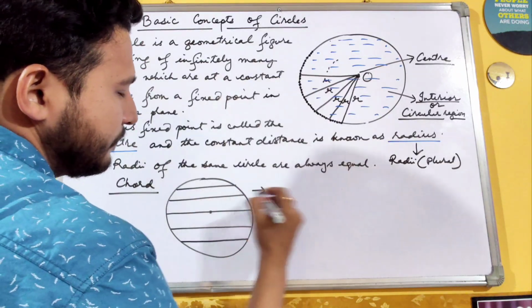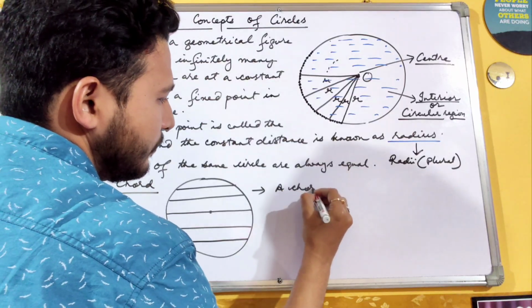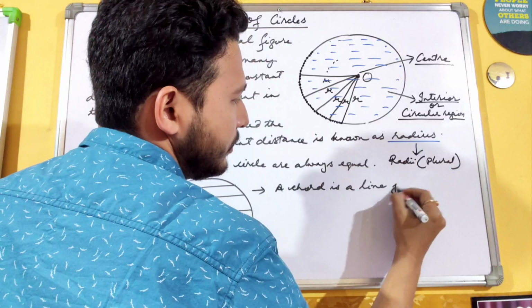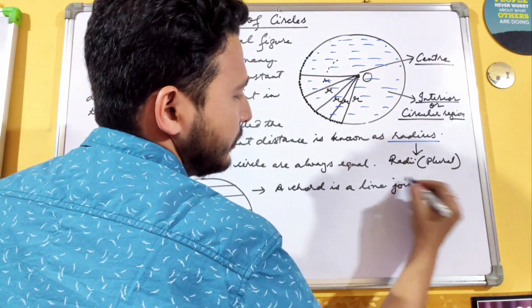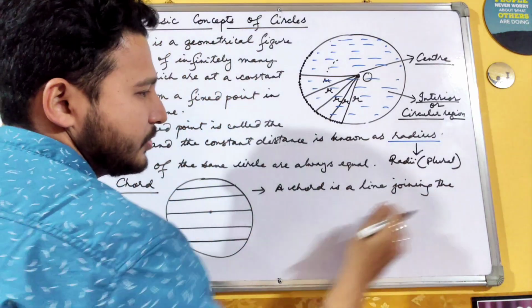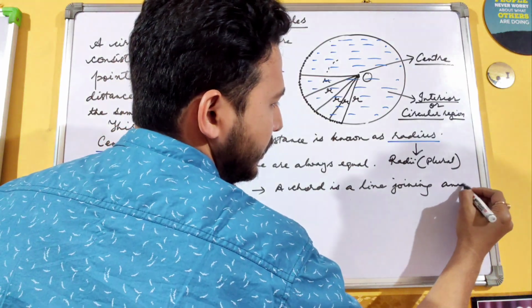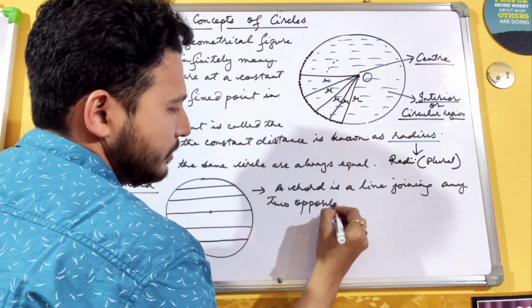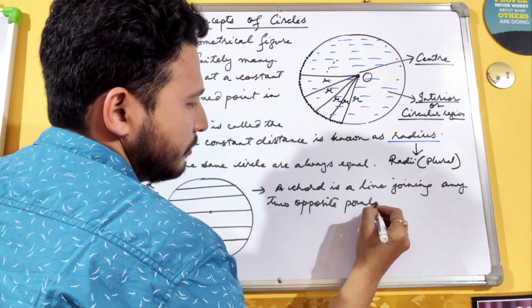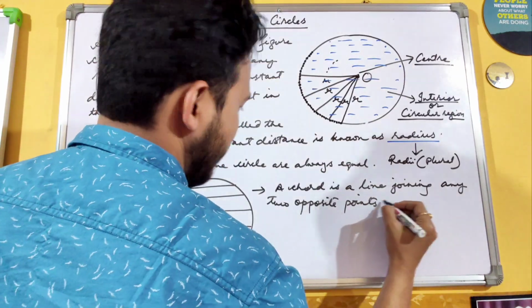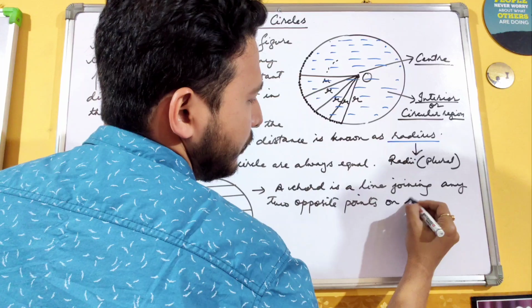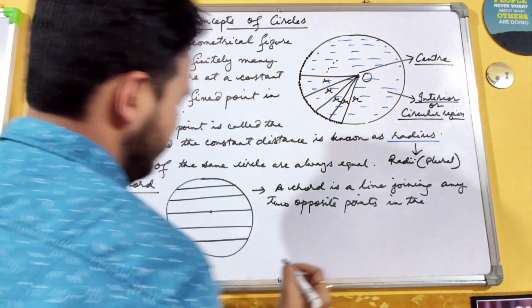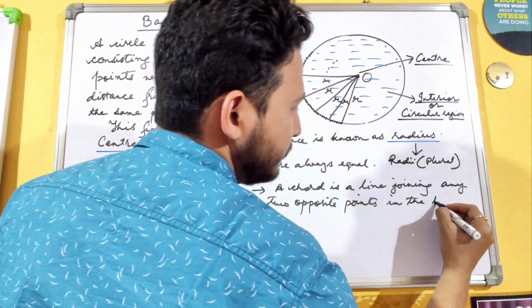So basically, a chord is a line joining any two points on the boundary of the circle.